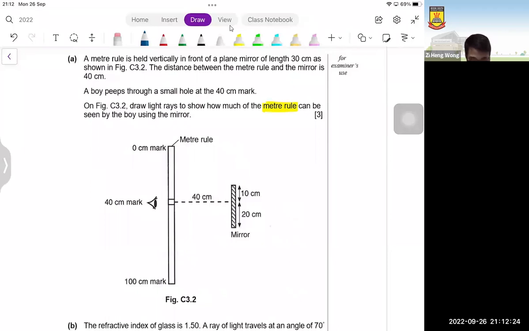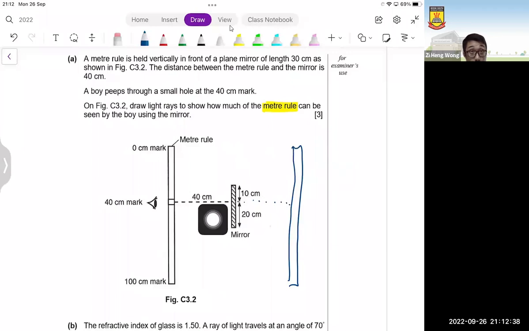I'm just going to sketch. Measure equidistance, make sure it's the same distance away, and draw an image. So this is the meter rule image. Step two, you join the eye to whatever you can see. In this case, the edge of the mirror is the max you can see.